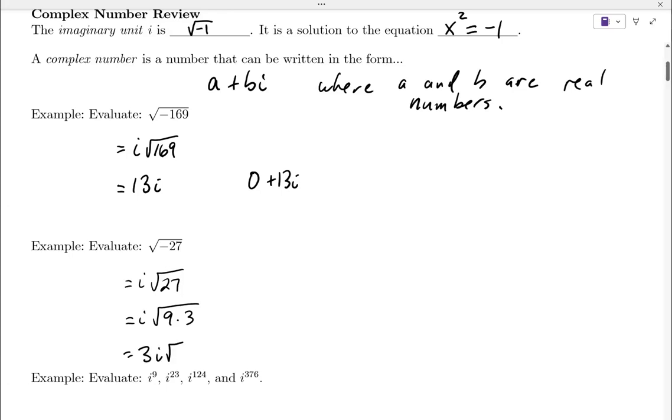And usually, a lot of times, you would write it this way, put the 3 in the front and the root 3 after it. It looks weird to put the root 3 in front of the i, because then it might be confusing whether the i is under the radical or not. But technically, in standard form, the root 3 would need to be in front. Is this simplifying okay?